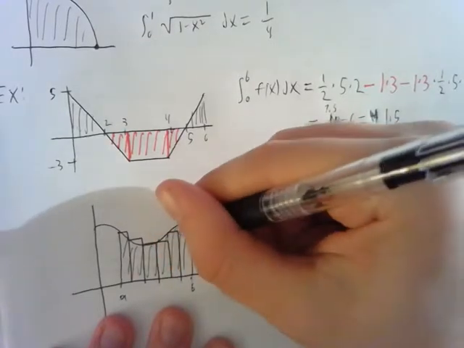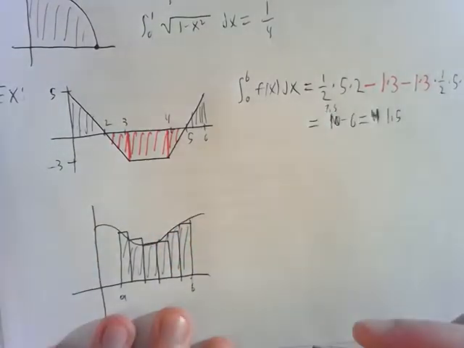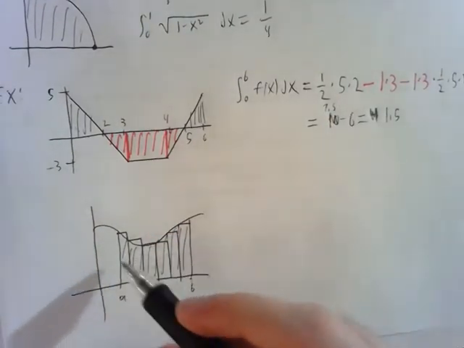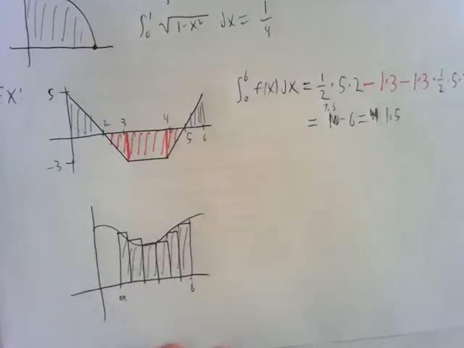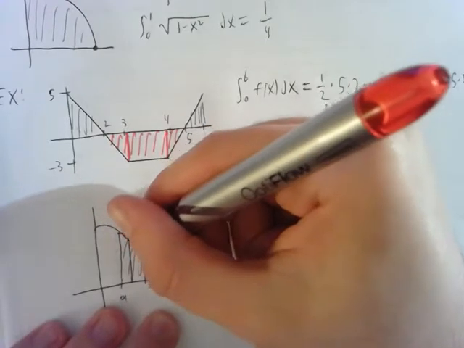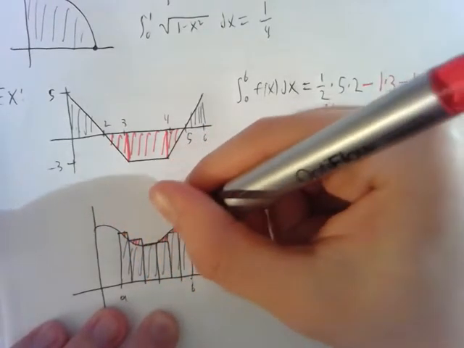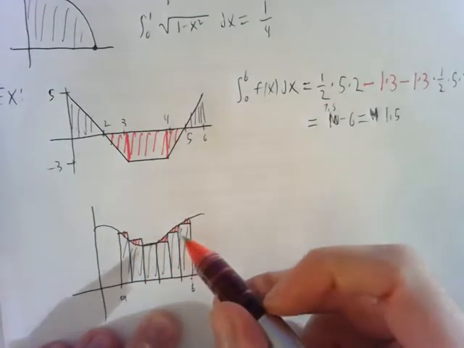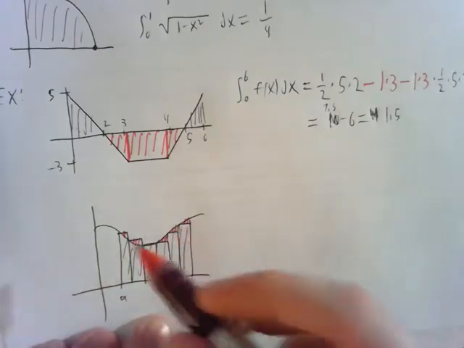If I find the area of all these rectangles, it's not going to be exactly the area that I want, because there's some stuff that's getting left out. Over on the right here, there's some area that's getting left out. And on the left, there's some area that's being included that I really didn't want.